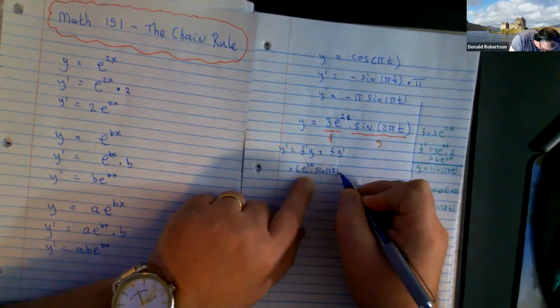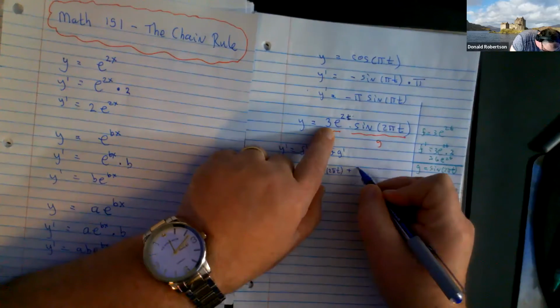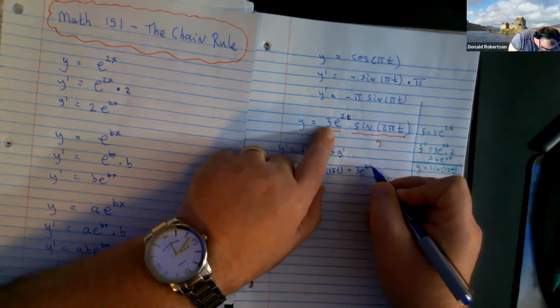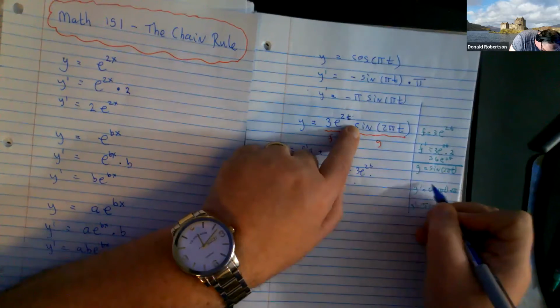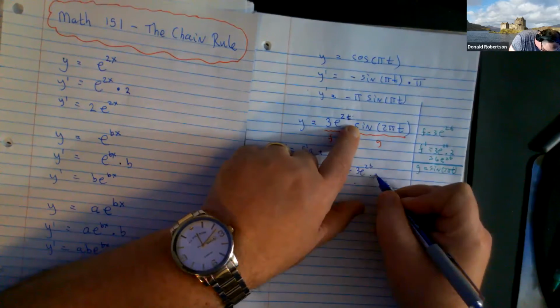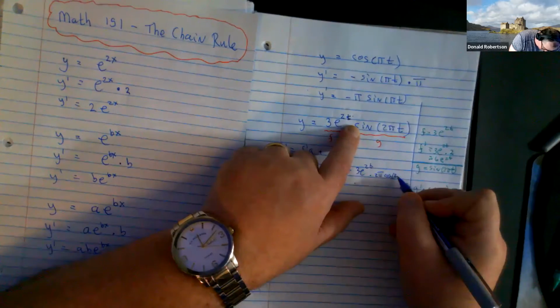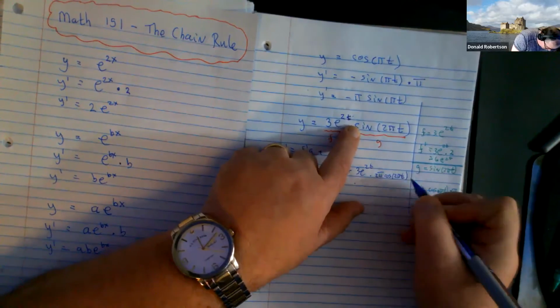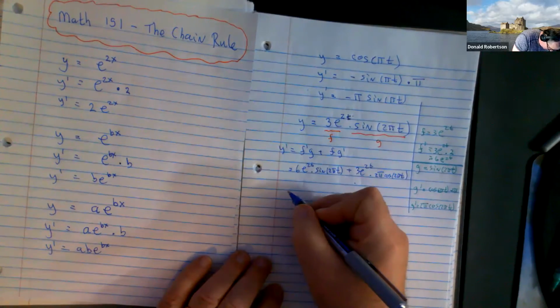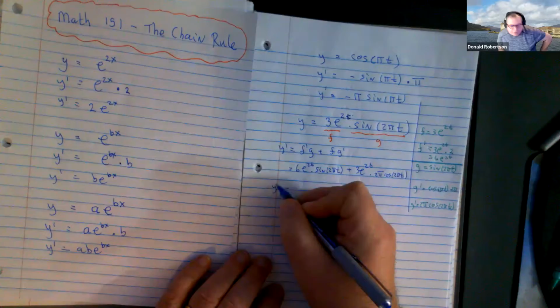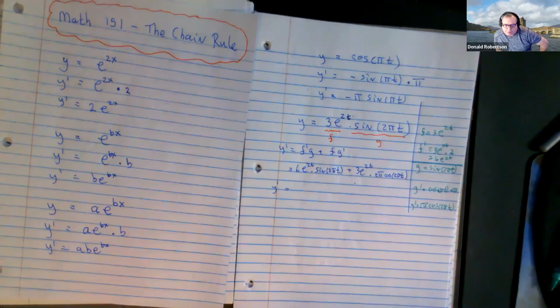Plus the untouched f, which is this guy, times the derivative of g, which is 2 pi cosine of 2 pi t. And to finish with, we need to do style points.